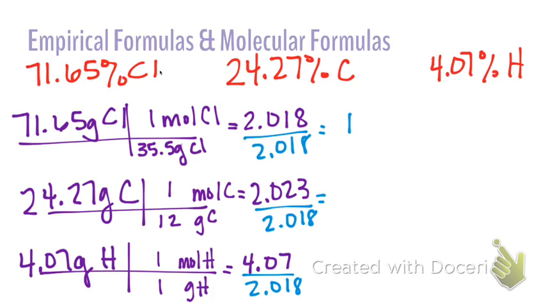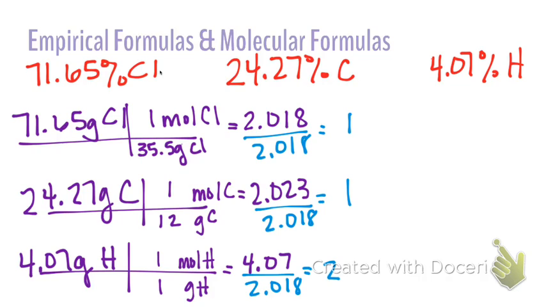This one comes out to 1.002. So this one comes out to 1 as well. Last one comes out to 2.016. So we want this step of it, we want to come out in whole number ratios, right? Theoretically, they should come out in whole number ratios, which in this case they did.